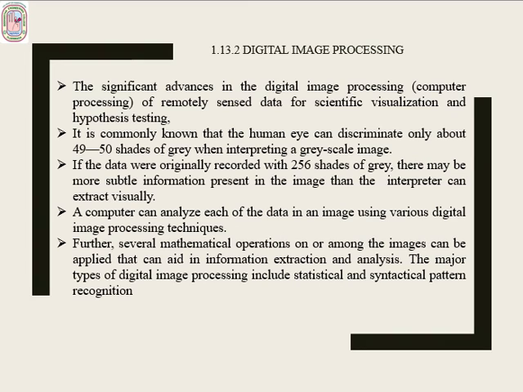That is why they mention it as 256 gray shades. If we use unsigned integer 16 format, which will be 2 to the power of 16, many of the satellites nowadays are using unsigned integer 16 format to find a larger number of shades, so that it can identify or distinguish between the objects.